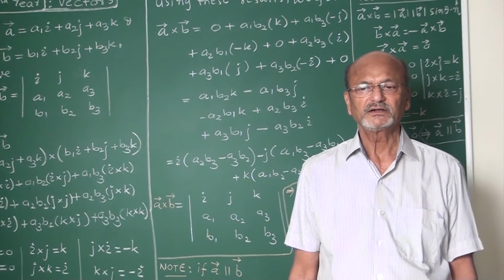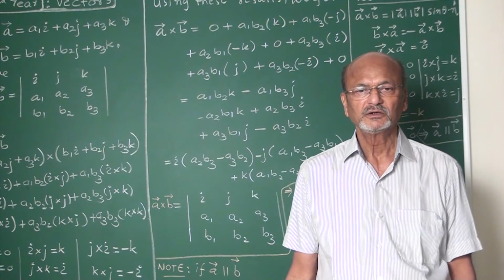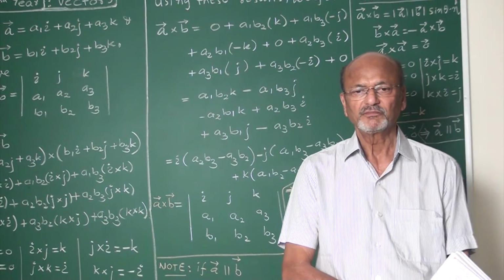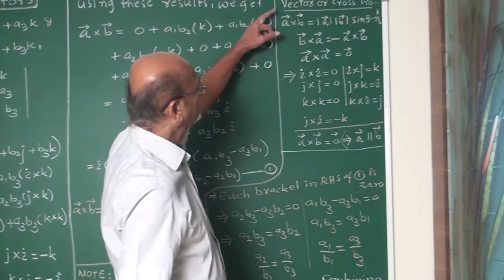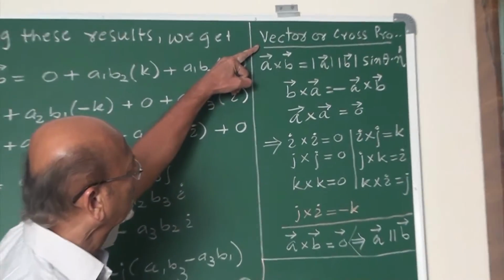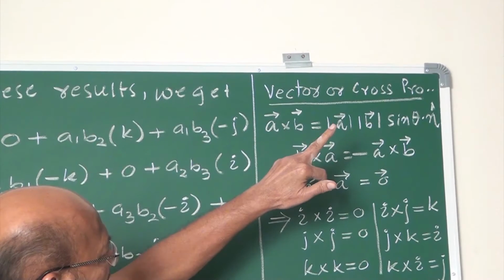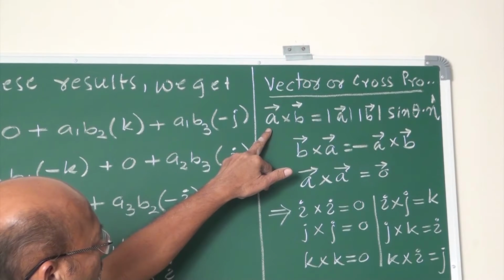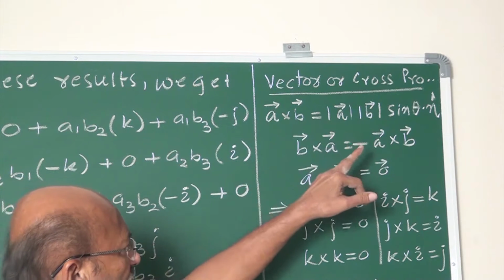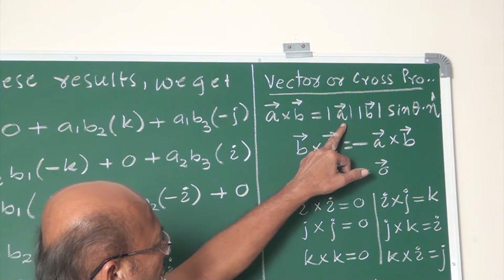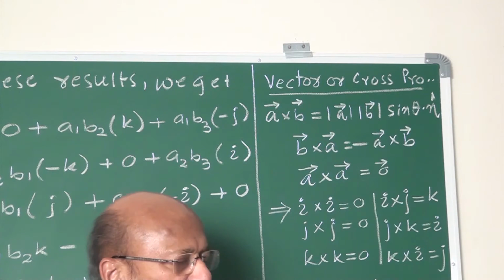Friends, in the previous class, we completed examples on scalar product, and I have started with vector or cross product. By definition, the vector product of two vectors A and B, denoted A cross B, is defined as A cross B equal to magnitude of A into magnitude of B into sine theta into eta cap.